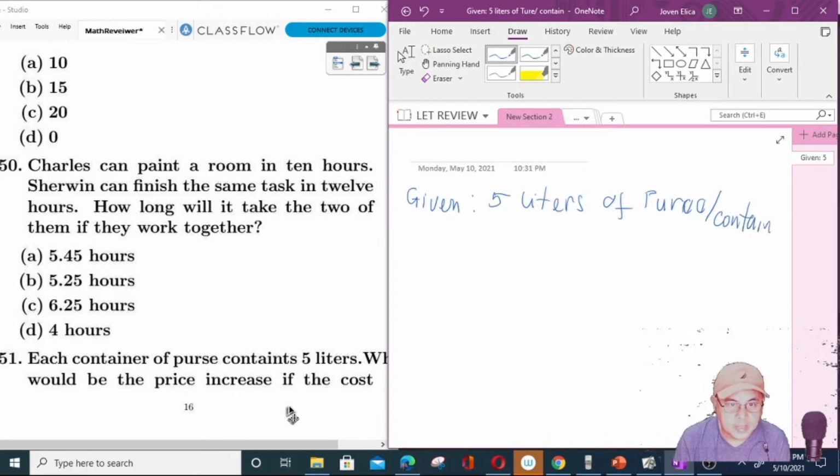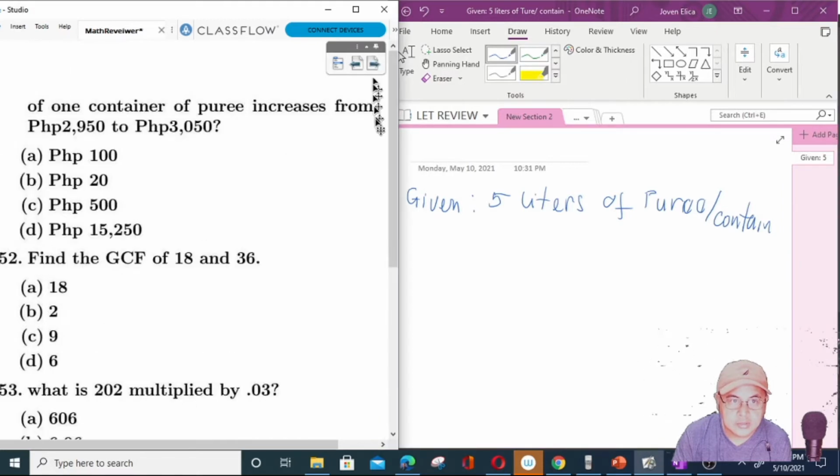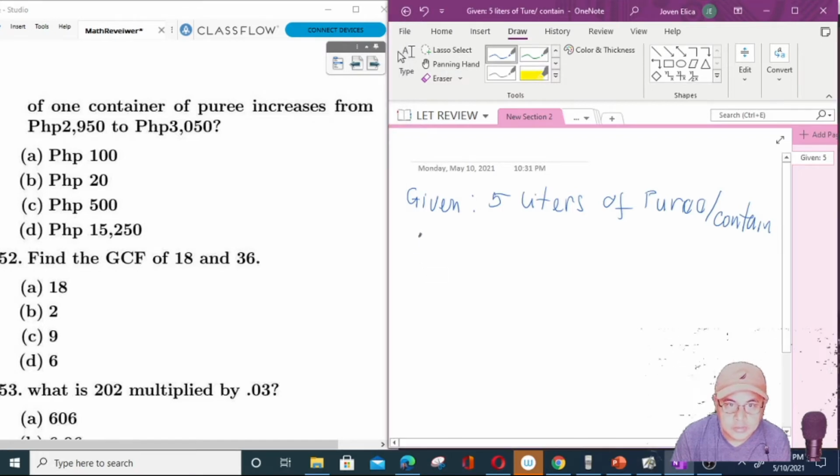What would be the price increase? So we are asked, what is the price increase? The required is the price increase.